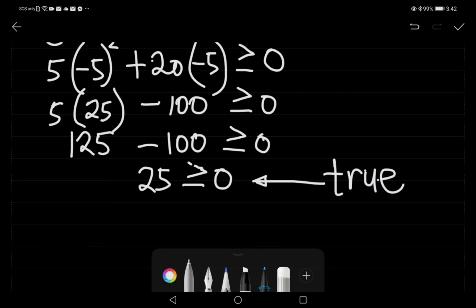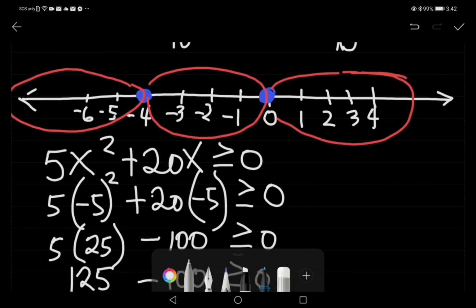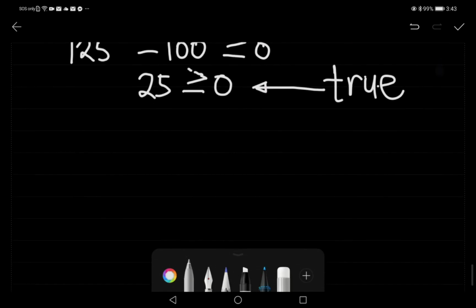Then we will test again the second region. So atong pilion ang negative 1. So pwede sa negative 2 or negative 3. So ato lang pilion ang negative 1 para dali ra siya i-multiply. Negative 1.